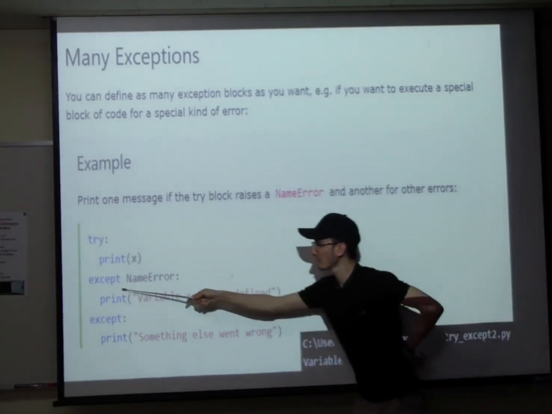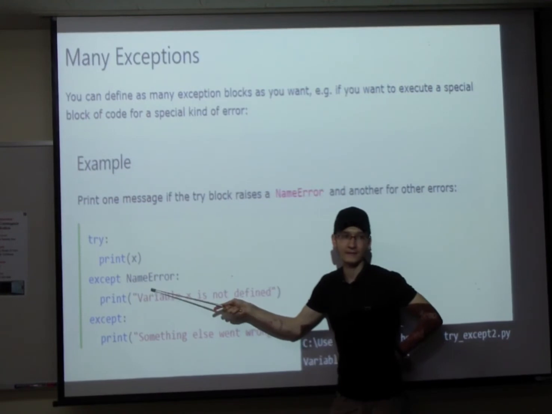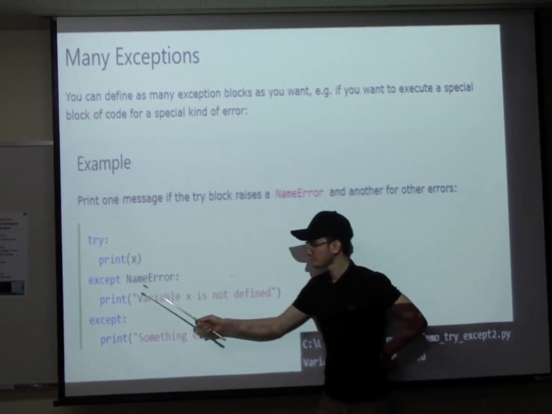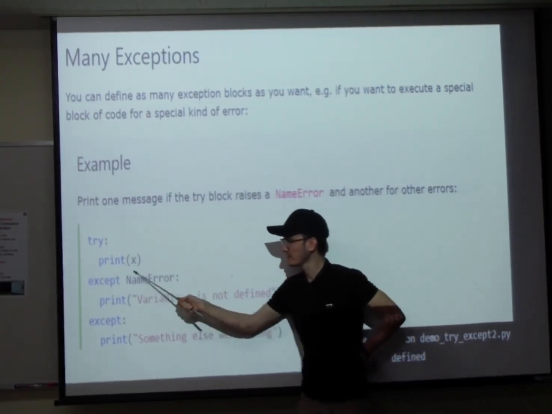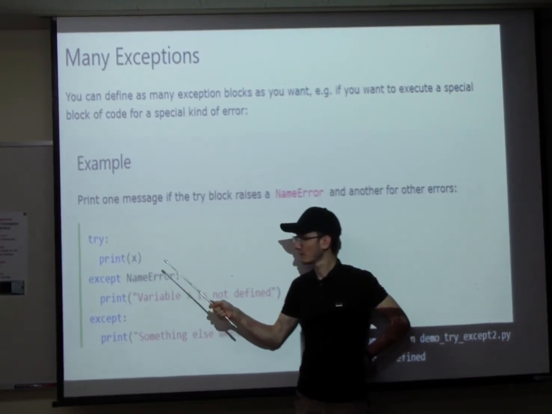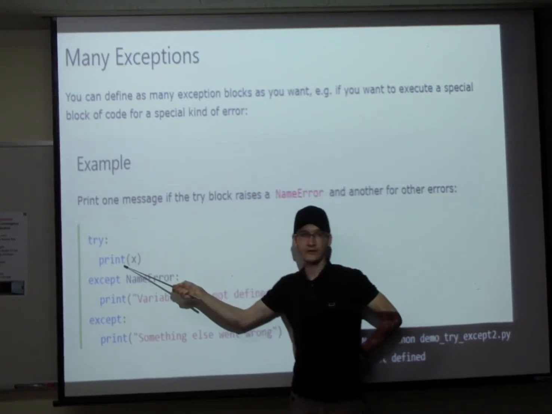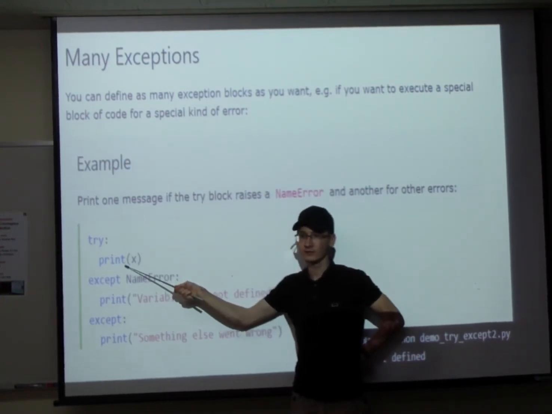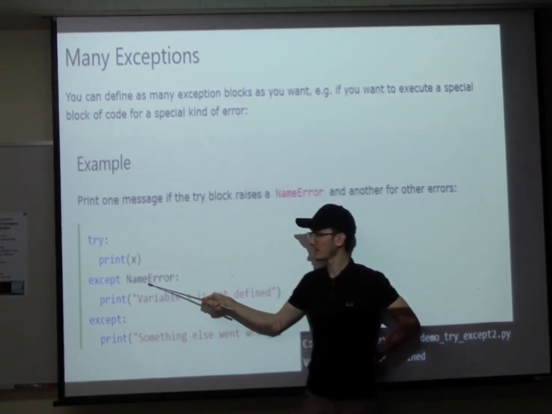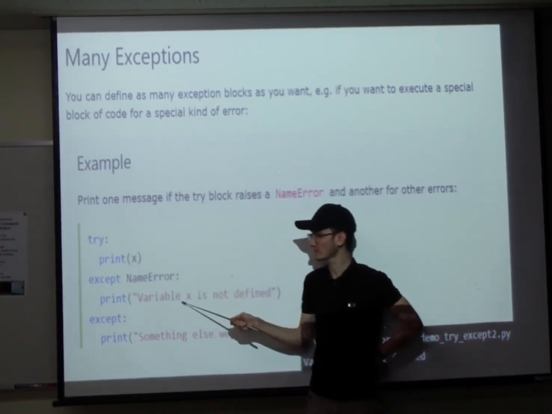Yeah. This except block will work. Why? Because we put here name error. Therefore, in this print function we have name error, and we are giving him name error. Therefore, this except block will be executed.